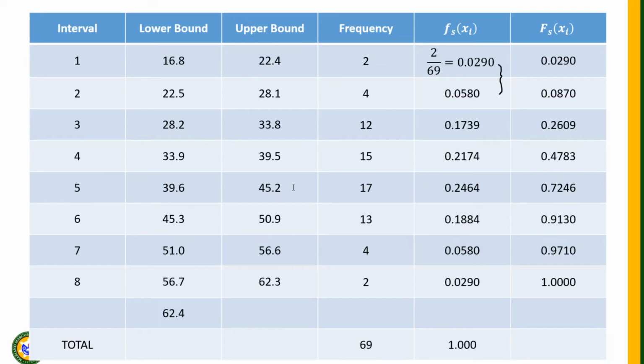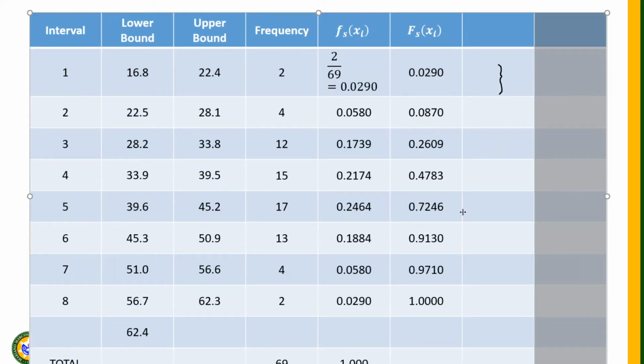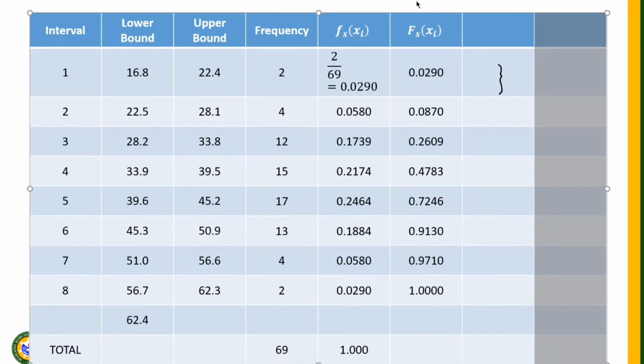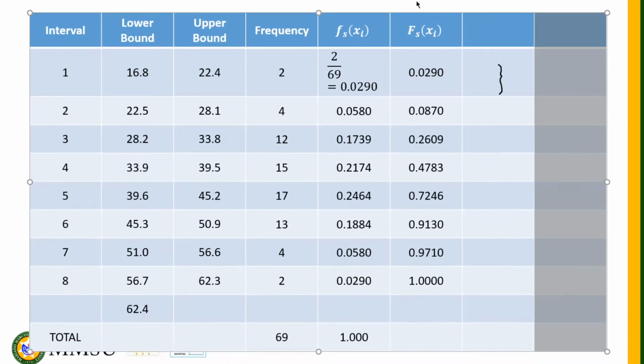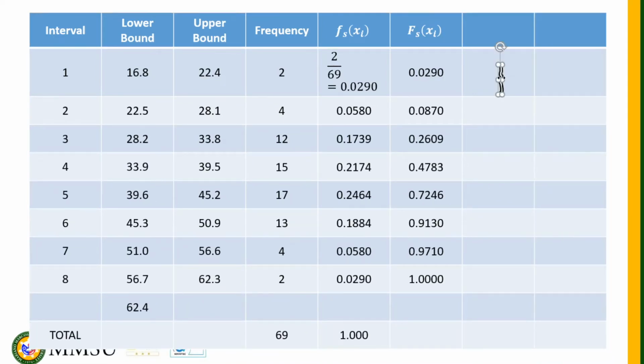Now we are going to insert two more columns. So let us insert two columns to the right, and then make them smaller. Here we have the cumulative F sub S of x, and here the lowercase f of x.